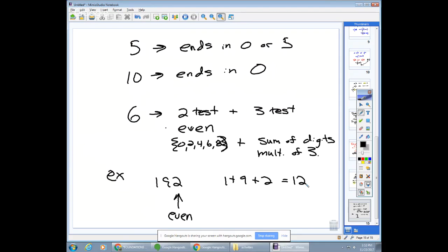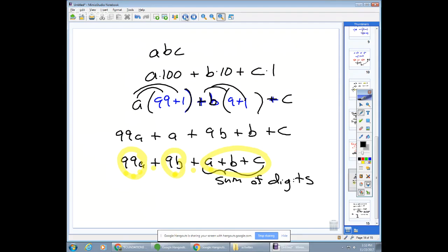So you might say, well, what if the sum of the digits adds up to a 6? Is that going to be good enough? The answer is, if you look back here, 6 doesn't go into 99, and it doesn't go into 9, right? So it's more than that.